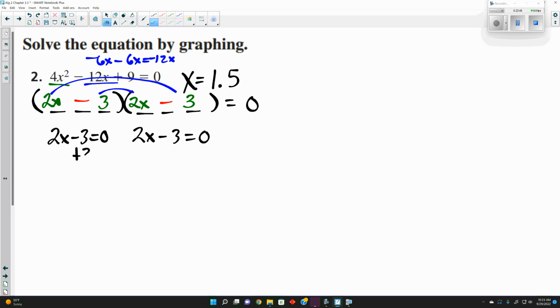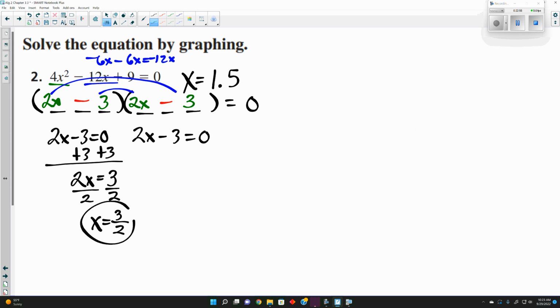So here we can add 3 to both sides, telling us 2x is equal to... divide by 2, so x is 3/2 or 1.5.